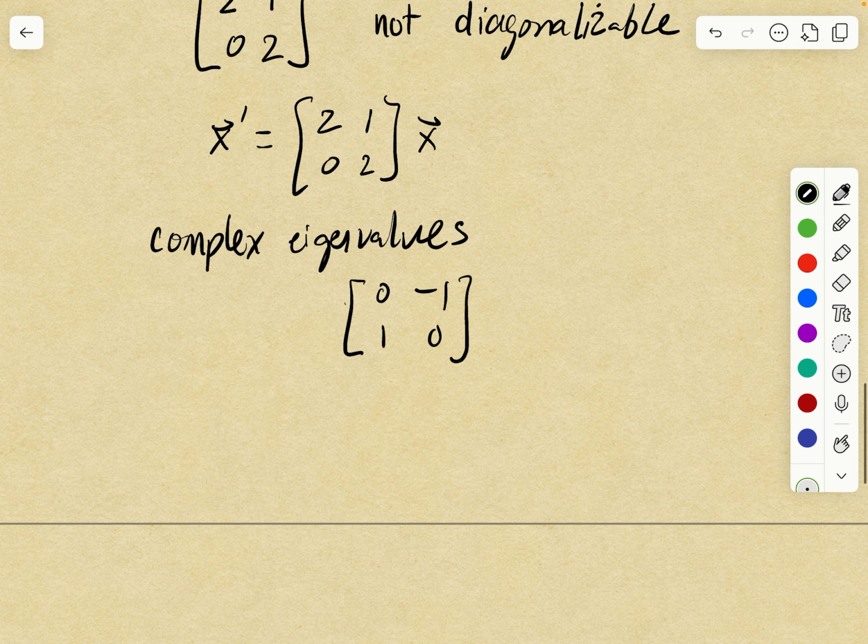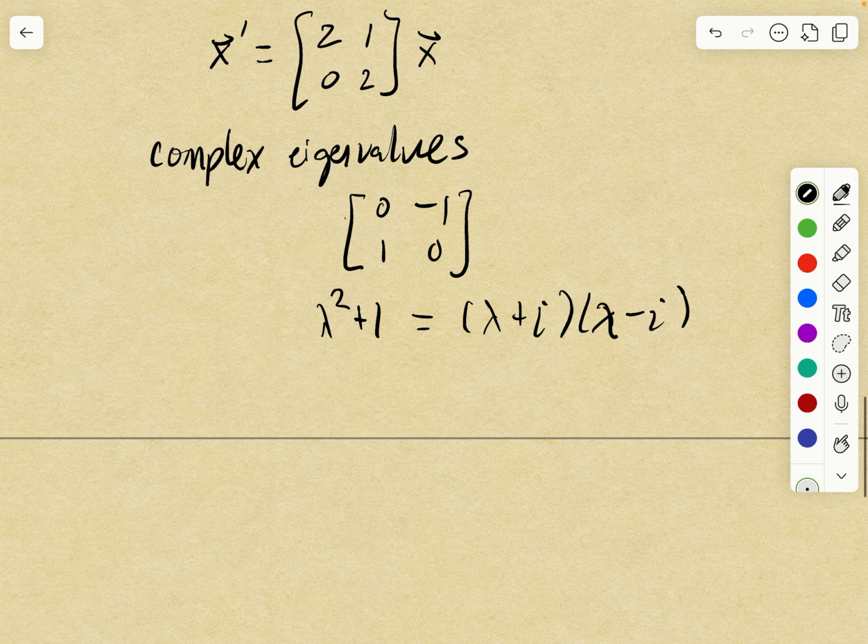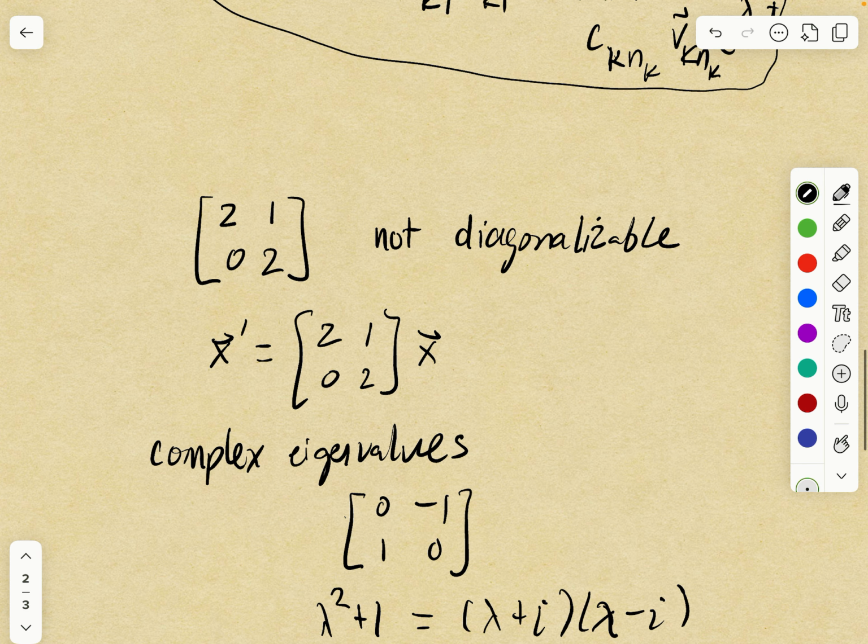If you look at the characteristic polynomial, you get λ squared plus 1, which factors as (λ plus i)(λ minus i). So it has eigenvalues negative i and i. We haven't discussed how to solve things like x prime equals (0, -1; 1, 0) x. This matrix is diagonalizable over the complex numbers, but it's not diagonalizable over the real numbers. You can find n independent eigenvectors as long as you allow your eigenvectors to have complex components. So that's something we also need to discuss how to solve.